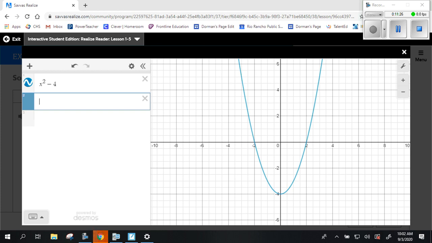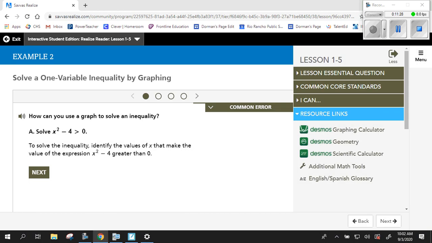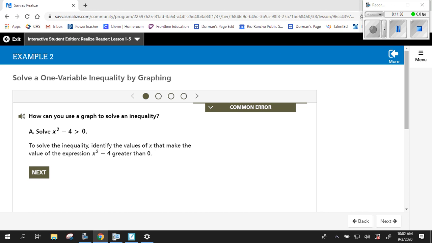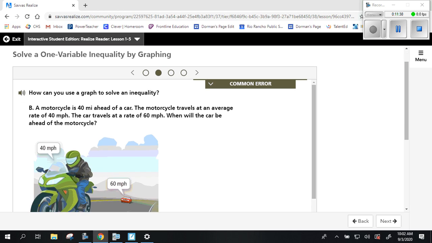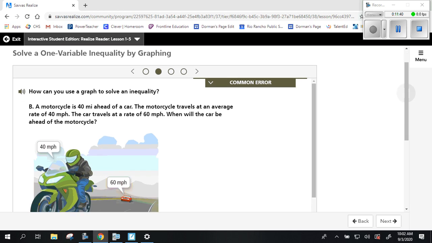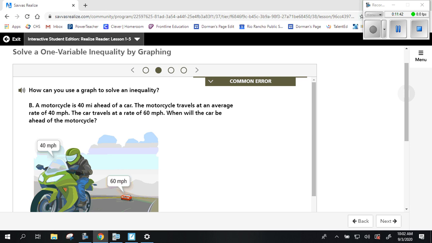All right, let's move on to the next example here. We now have to model a situation using some inequalities, and then we're going to find the solution to the inequalities by graphing. So here we go.